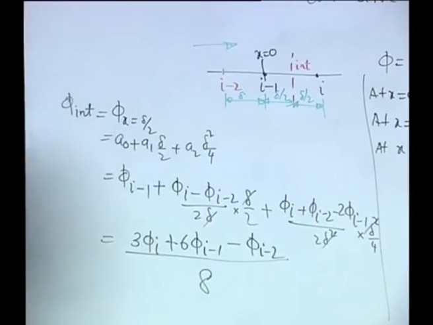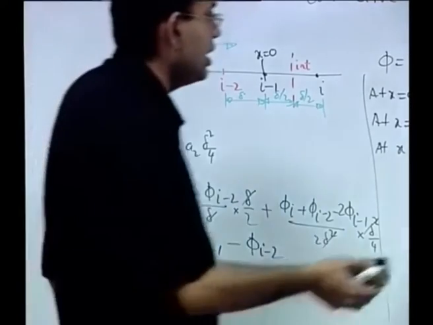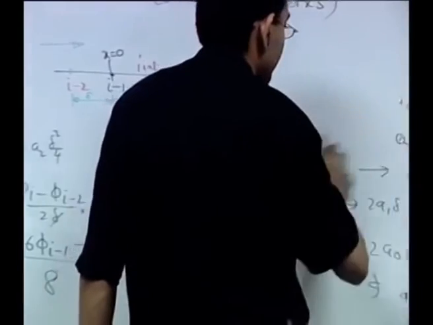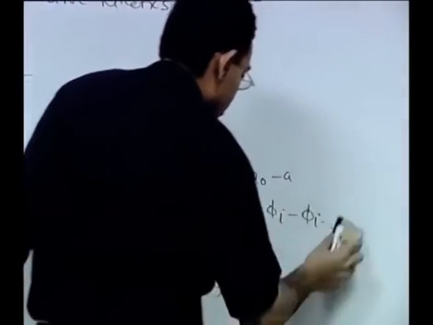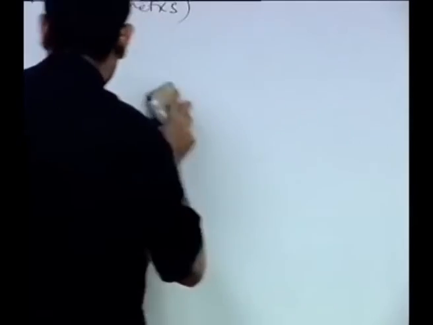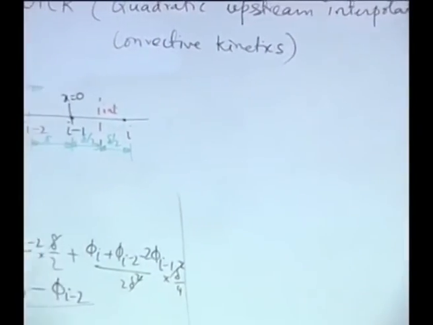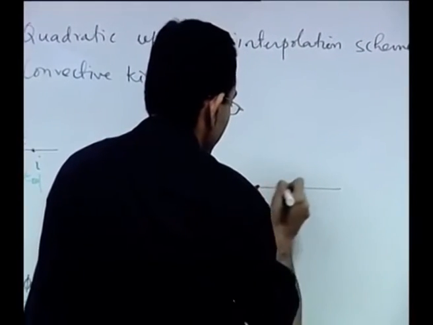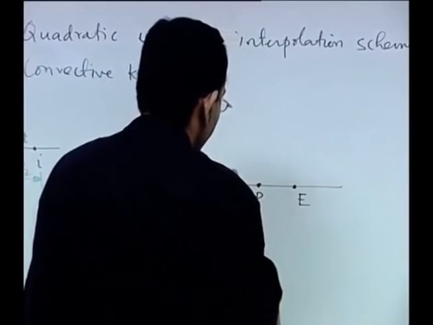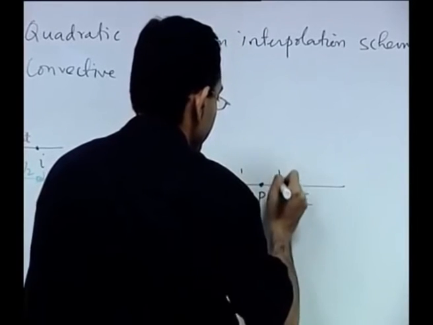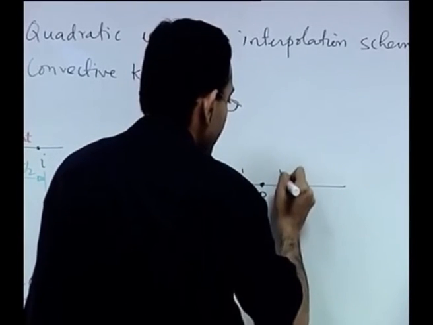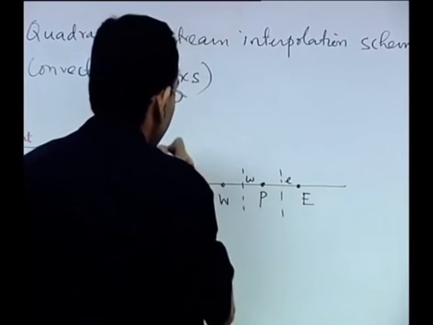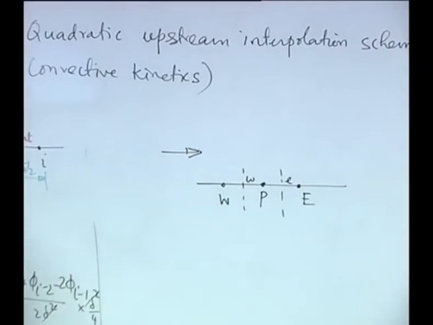Okay. So, now based on this consideration let us try to write a discretization. So, P E W, let us consider a one dimensional problem and let us say that this is the flow direction. Okay.